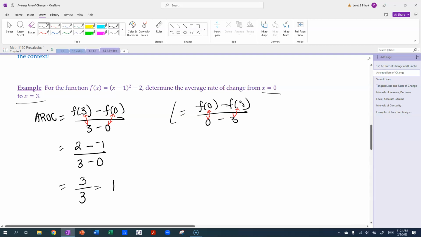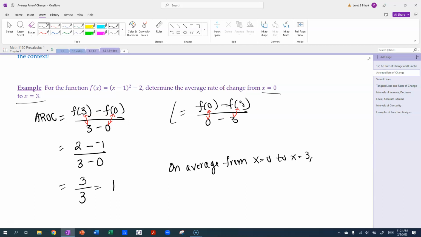The way I would interpret this in general is that on average, from x equals 0 to x equals 3, y changes by 1 unit for every unit increase in x.